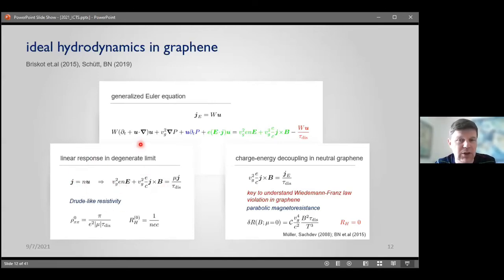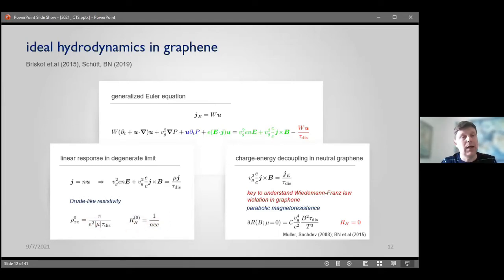You can just consider a bulk or infinite system where none of these gradients are important, and then this dual heat term is beyond linear response, you neglect that as well. And so all that remains is the regular Drude-like or Ohm-like transport equation that produces the standard Drude-like resistivity and the regular type of Hall coefficient.